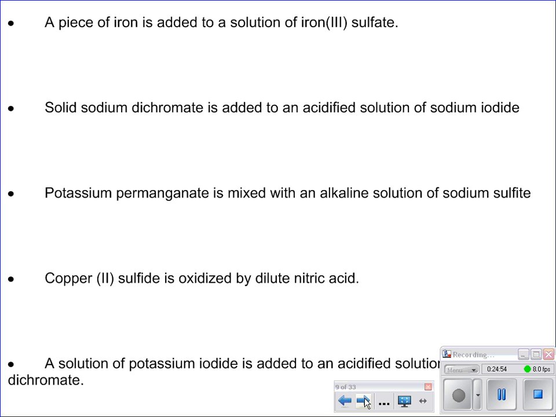A piece of iron is added. Oh, I love this one. What does a piece mean? Solid. So what does that mean? No charge. Is added to a solution of iron 3 sulfate. I'm not even going to write the sulfate down because looking at that, go to metals first. I can make redox happen. What can I make? I'm going to do it in one step. But Fe plus 2.